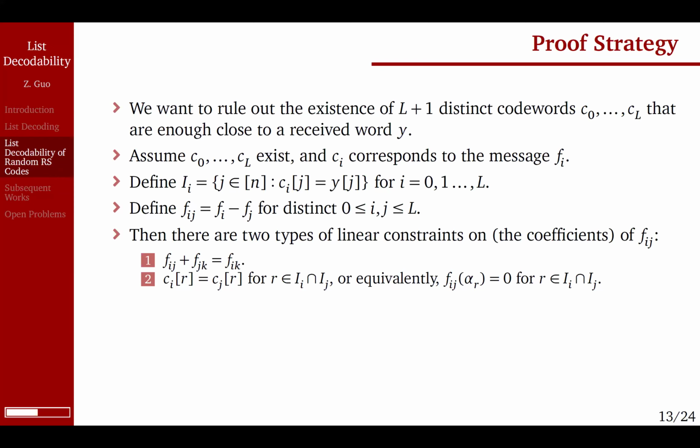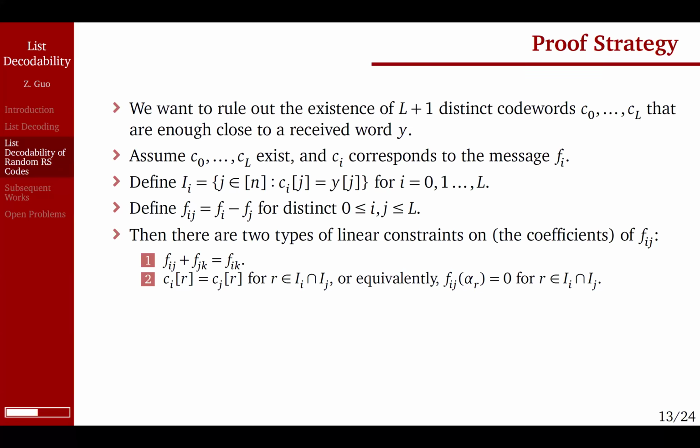Therefore, Ci and Cj agree with each other. That means the message values agree, so their difference is 0, which means the Fij value is 0.